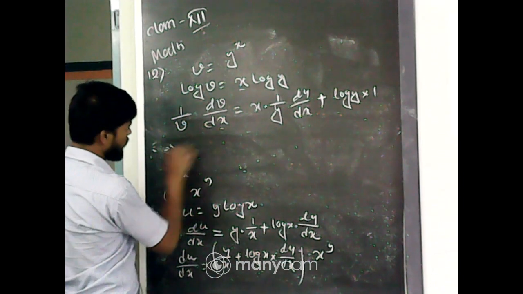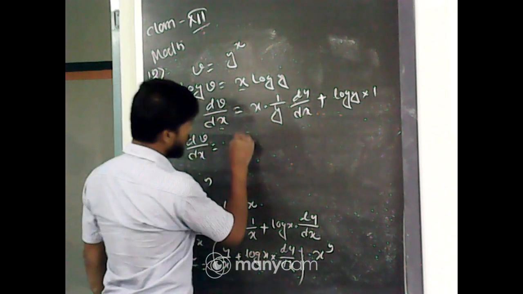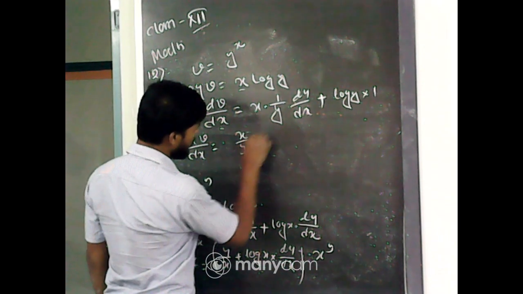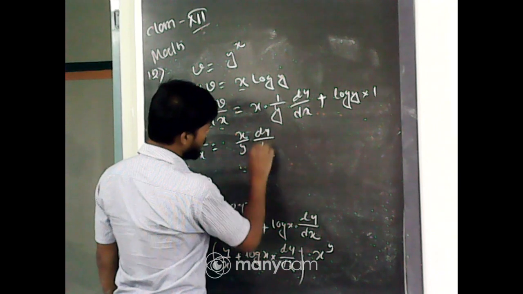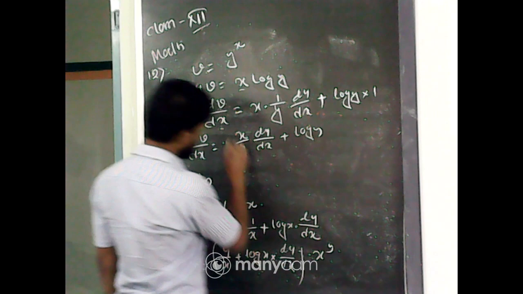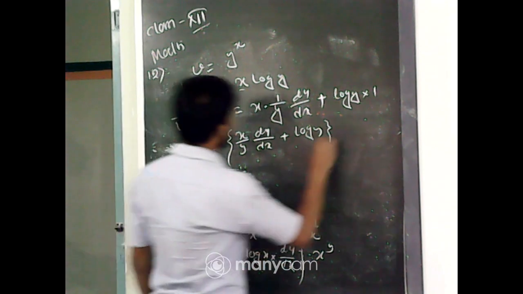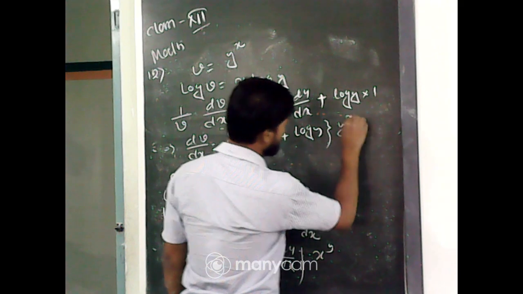That means dv/dx is equal to x by y dy/dx plus log y, into v, means y to the power x.